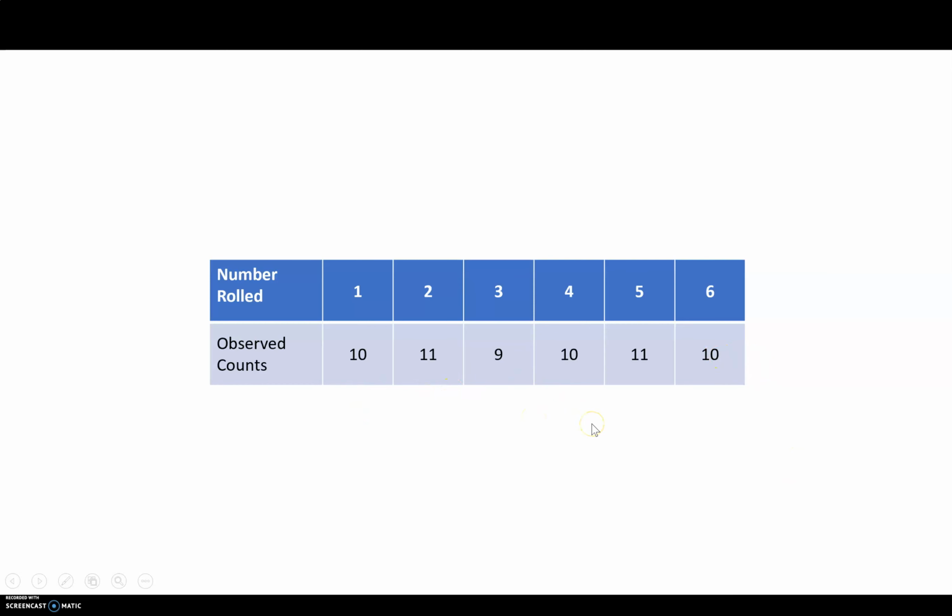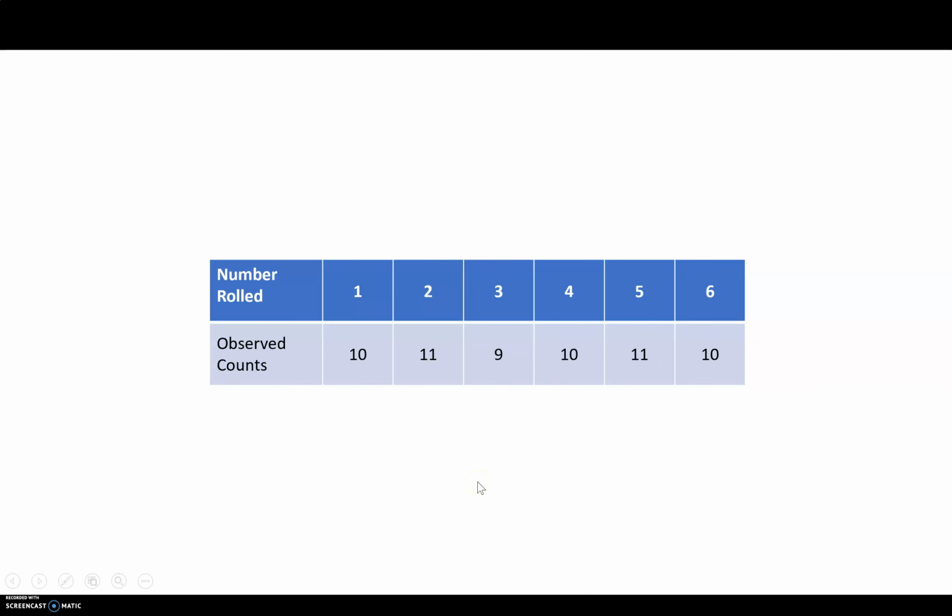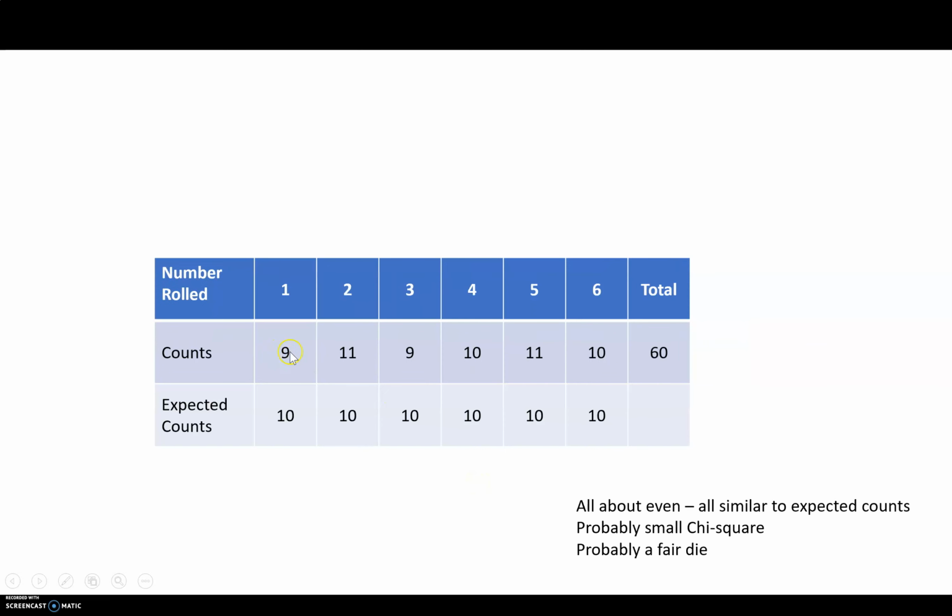Now, these look to be pretty even. I've added a little bit more information. Actually, I reduced it by 1 here just to make it an even 60. If you roll it 60 times, the expected counts would be just 60 divided by 6, so 10 for each number.